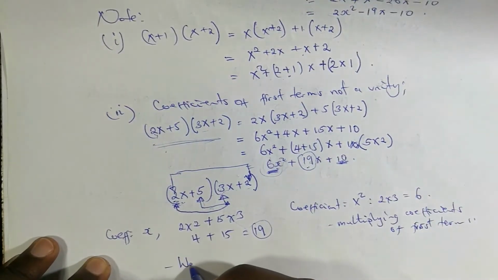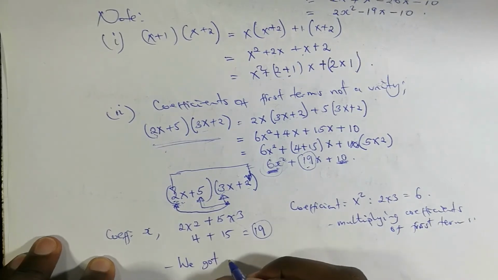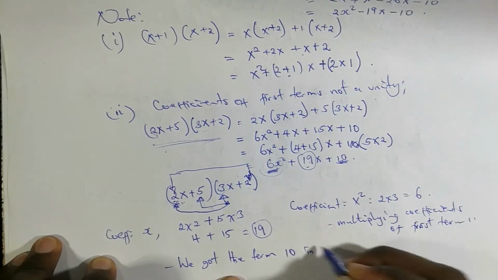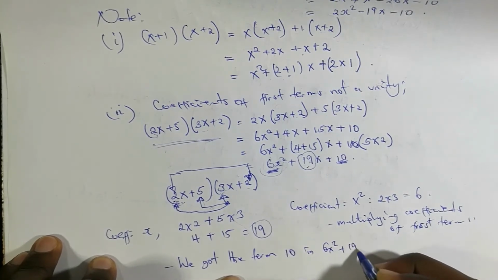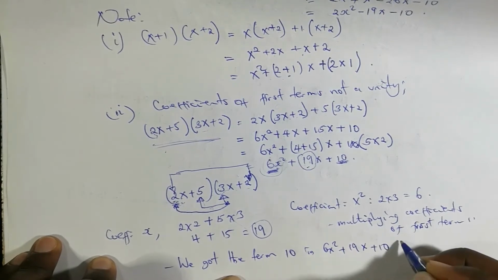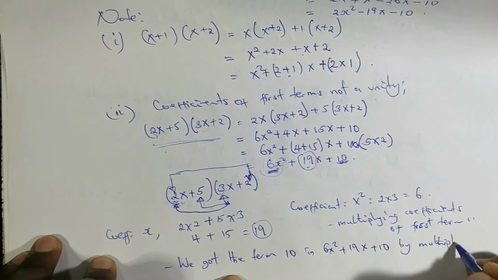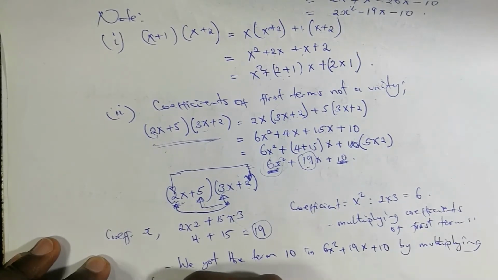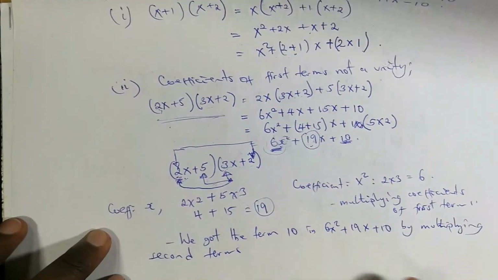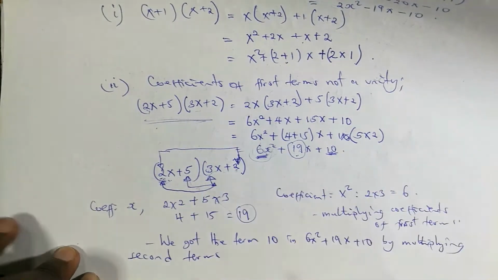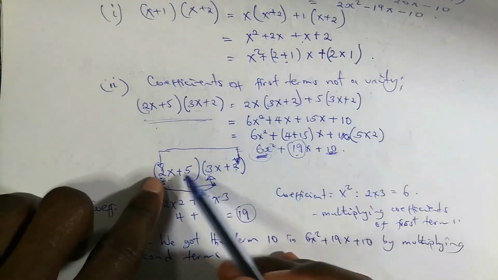So we got this 10 in 6x squared plus 19x plus 10 by multiplying the second terms. Getting the coefficient of x squared, we multiply the first terms.